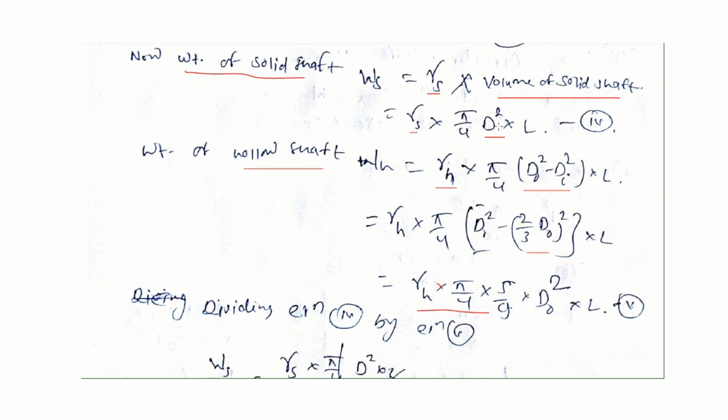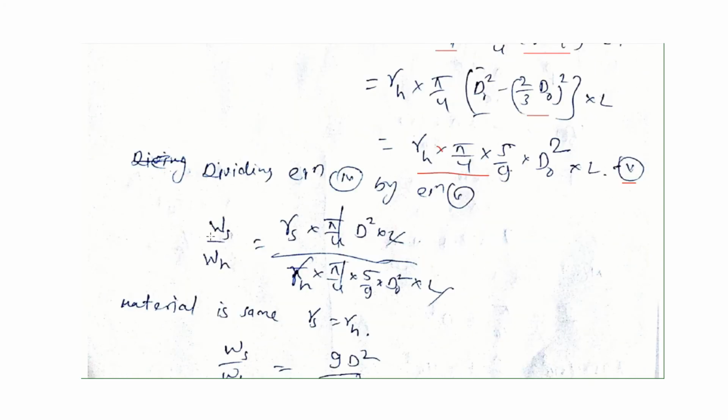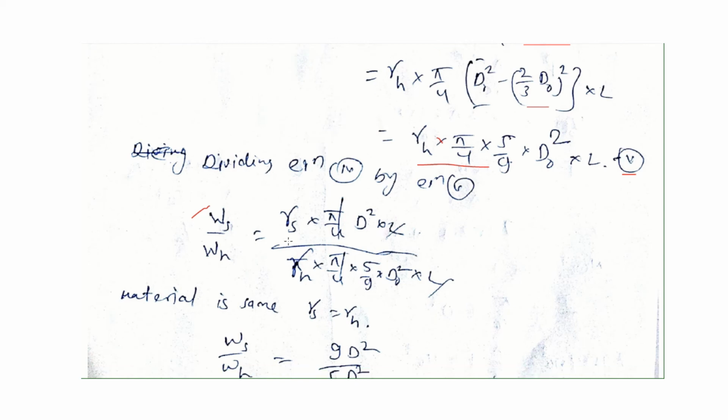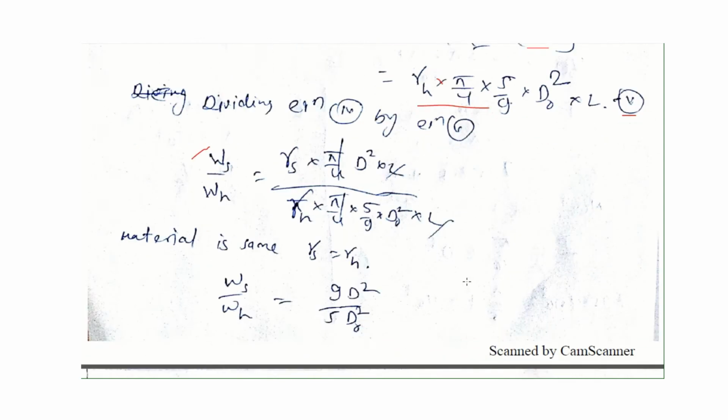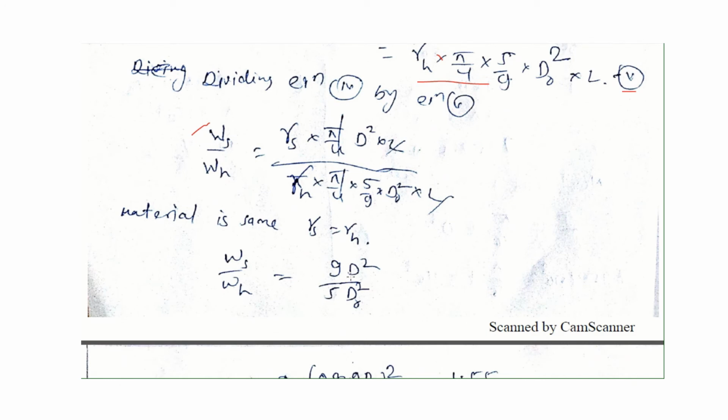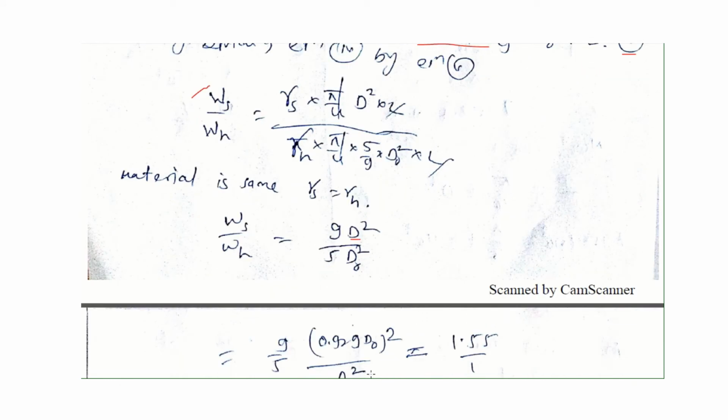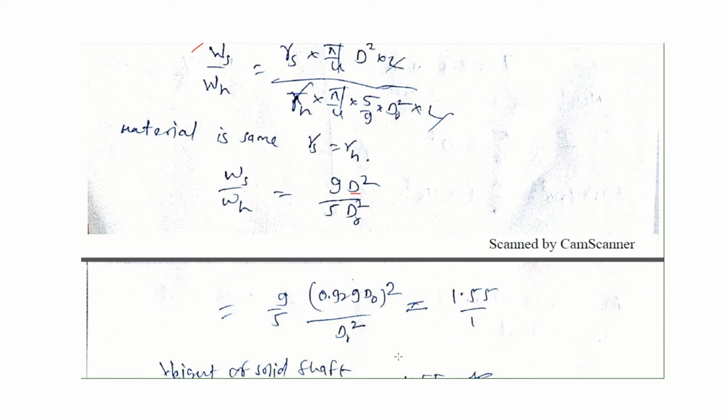Now dividing the fourth equation by the fifth equation, for Ws by Wh, the material is the same, so gamma s and gamma h are equal. Pi by 4 and L are also the same, since the length of both shafts is the same. Now we know d in terms of d outer, which is 0.929 d outer, so it will give 1.55.